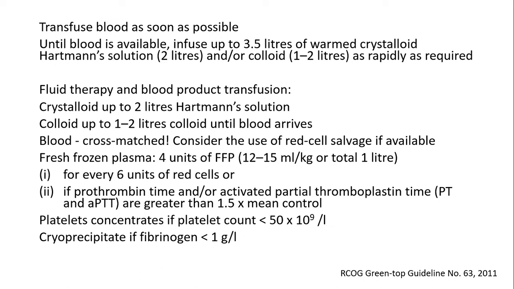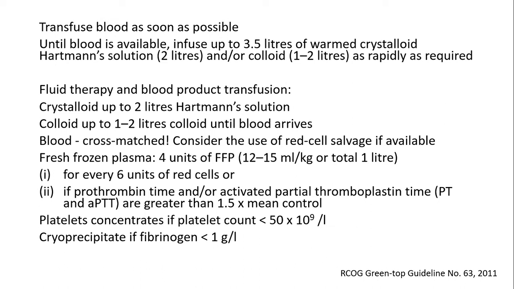Fluid therapy and blood product transfusion: crystalloids up to 2 liters of Hartmann solution, colloid again 1 to 2 liters until the blood arrives. You need, of course, blood cross match. Consider the use of red cell salvage if available, autotransfusion, autohemotransfusion.